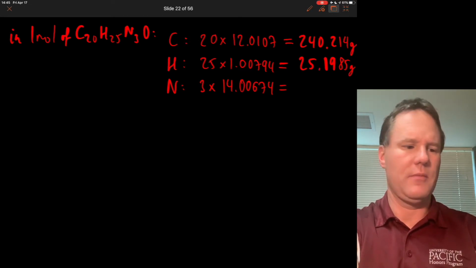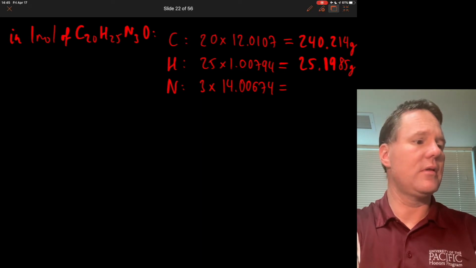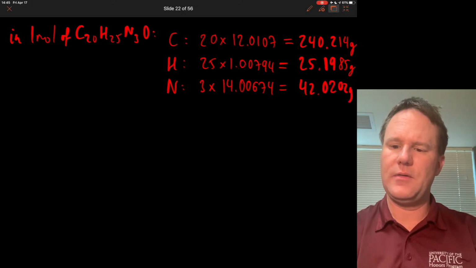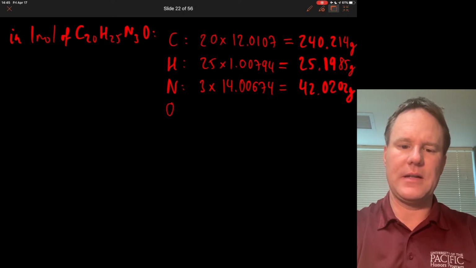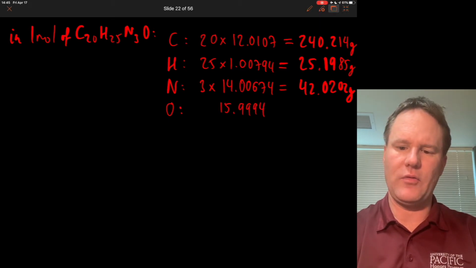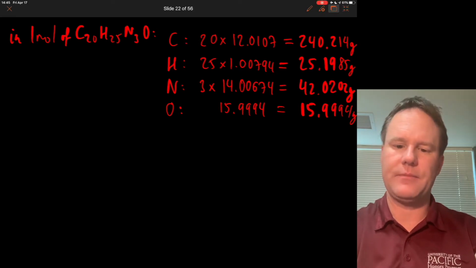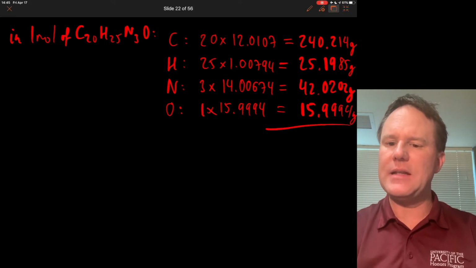So 0.0674, that would be 42.0202 grams, and then the last one is oxygen, and I just have 1, so it's 15.9994 grams.